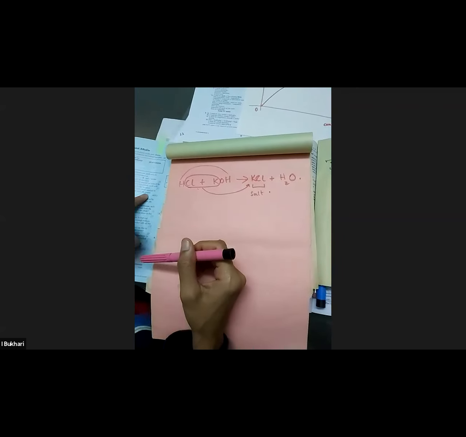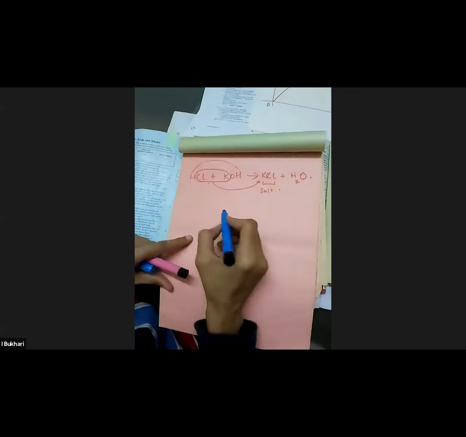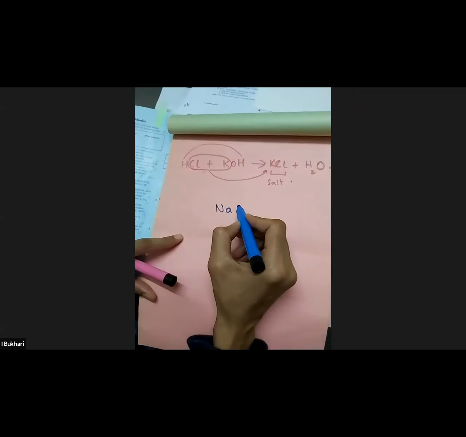Name the acid and alkali needed to produce the salt sodium nitrate. Sodium nitrate. Nitric acid plus sodium.